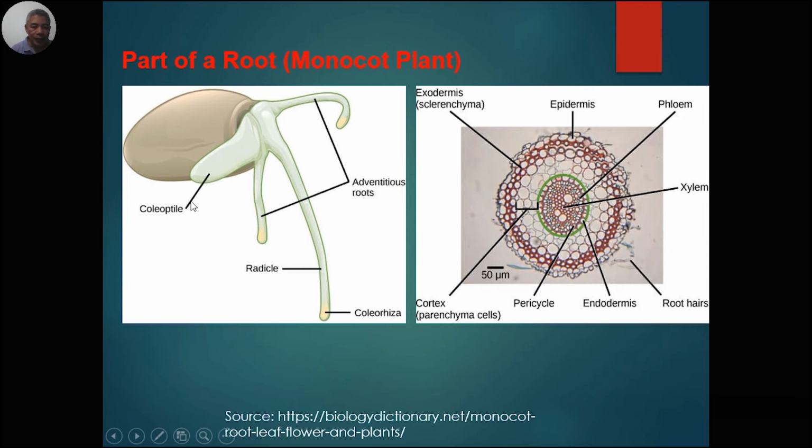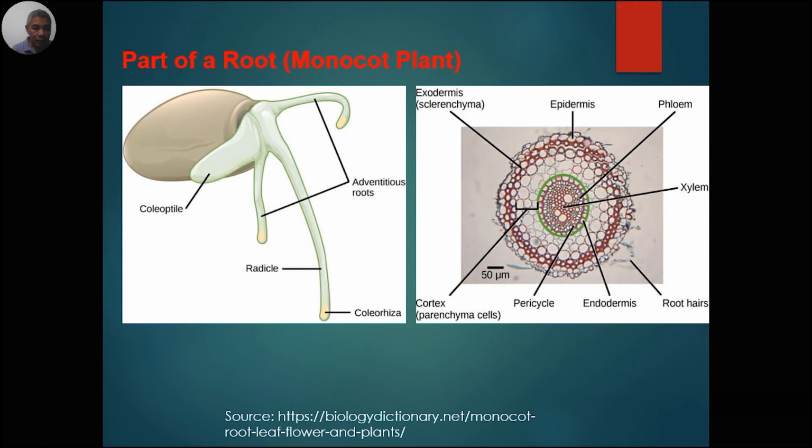You can see here the coleoptile. The coleoptile is the first leaf of the monocot plant. And of course, at the middle or center is the radicle. This is the first organ when a seed germinates.